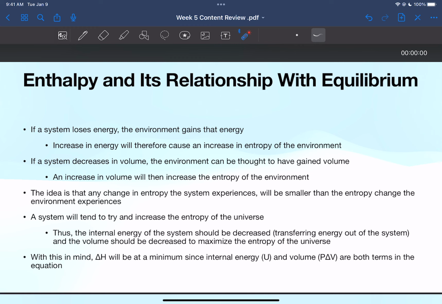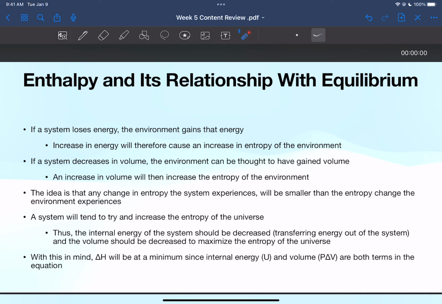Yeah, so an increase in energy increases the entropy of the environment, because if heat is given off from a system to the environment, then maybe the gas molecules around that system will have that energy absorbed, right?